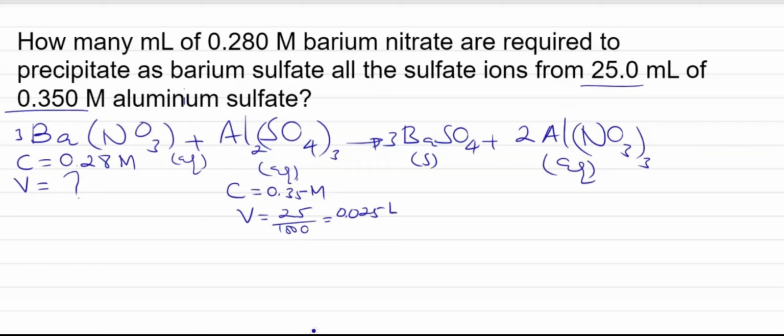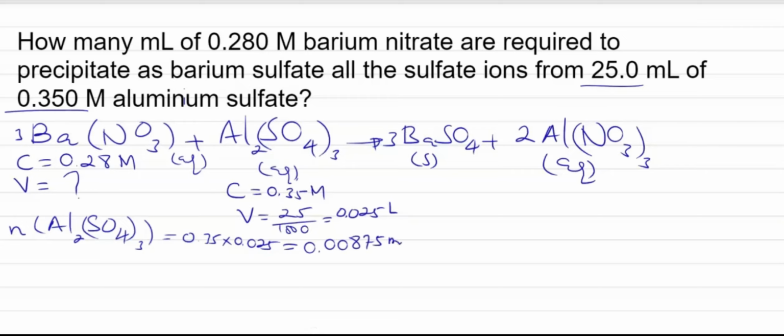That's the liters. So we need to find out the moles of aluminium sulfate, and the next thing we need is the mole ratio.